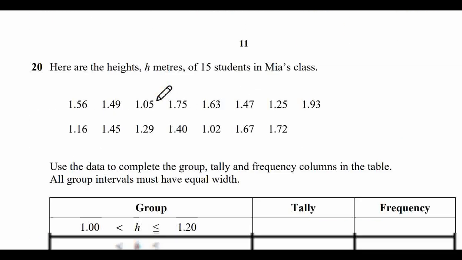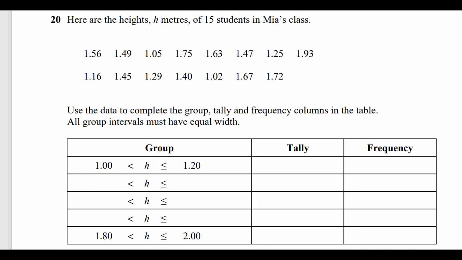Next, question number 20. In here are the heights of 15 students in Mia's class. Use the data to complete the group, tally and frequency columns in the table. All group intervals must have equal width. So equal width will be 1 to 1.2.